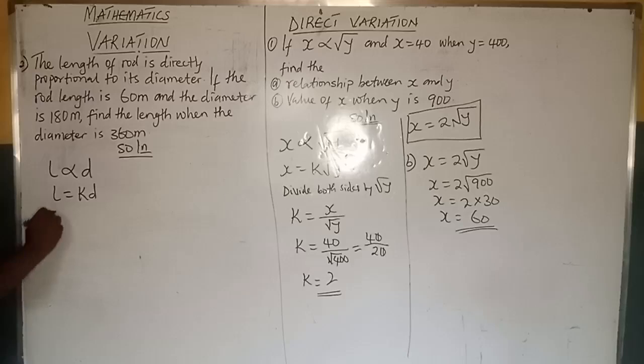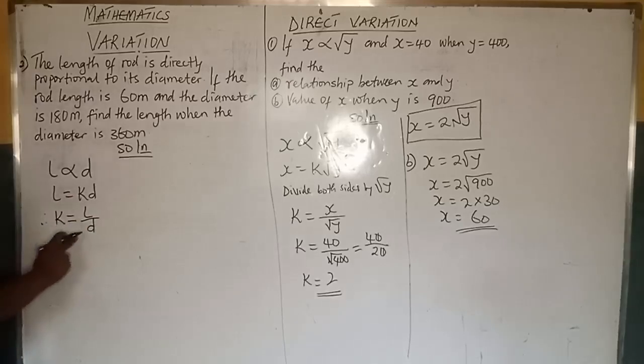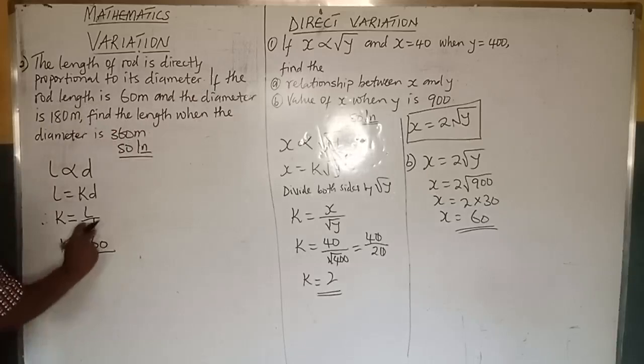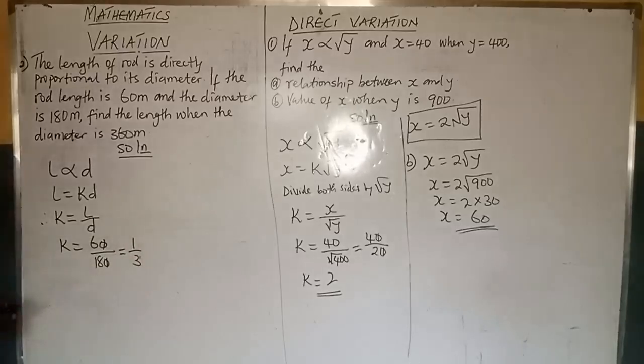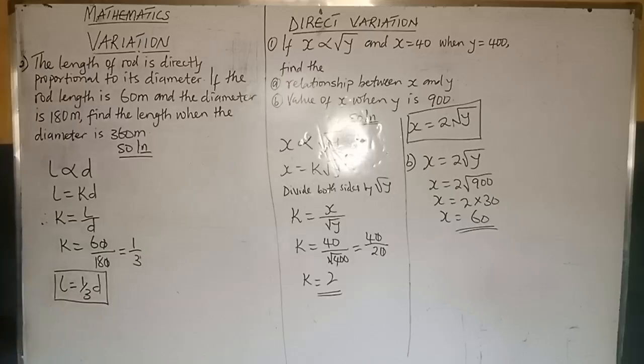Therefore, K will be equal to L over D. So substitute the values for L and D. K will be equal to 60 over 180. The zeros cancel, so you are left with 6 over 18, which is 1 over 3. So K is 1 over 3. Therefore, substituting it here, you will have L is equal to 1 over 3 D. So this is the relationship connecting the two variables.